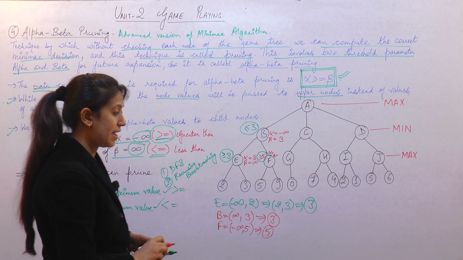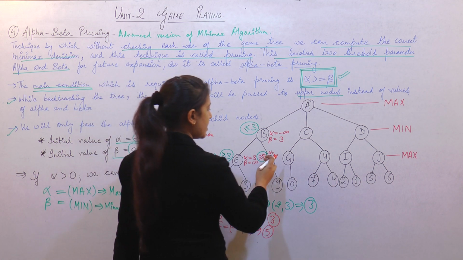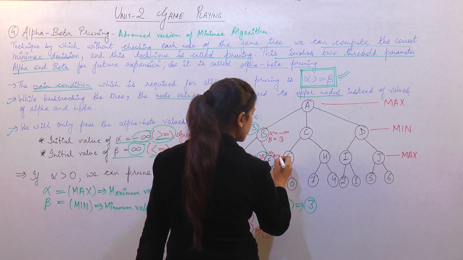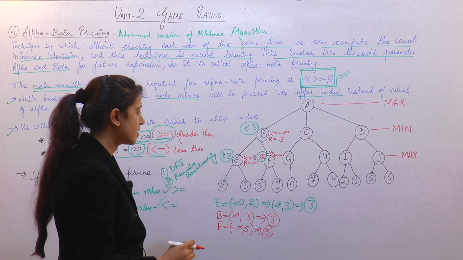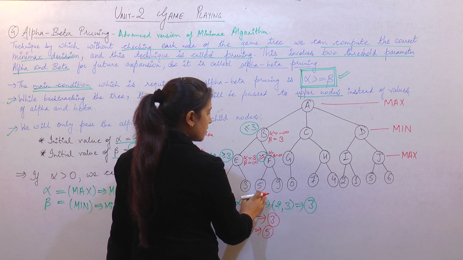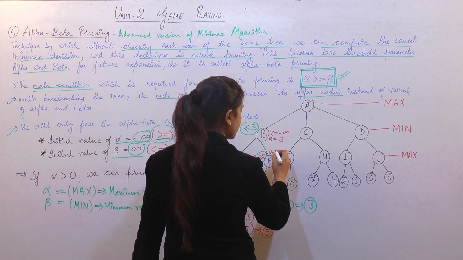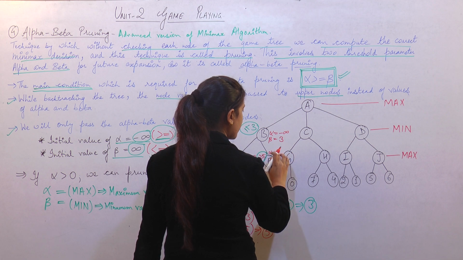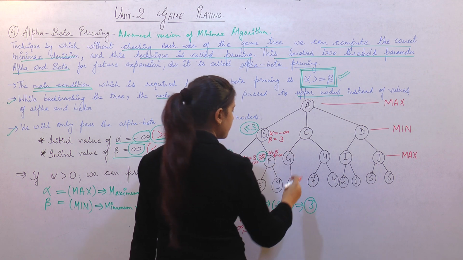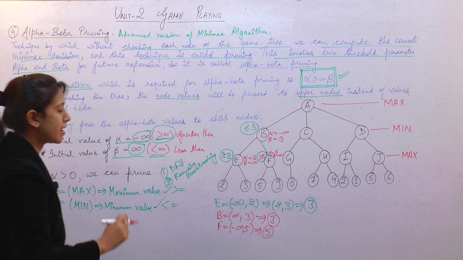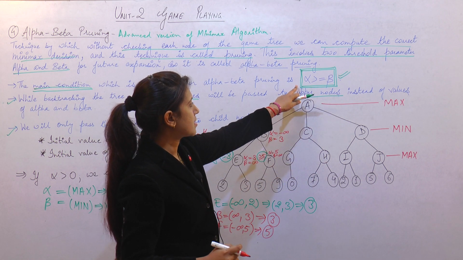Now I will tell you why we are not considering 9. Now we will calculate the value of alpha and beta. Beta value will be infinite because at this level max is playing. Alpha value will be among 5 and 9. So among 5 and 9 we will get the value of alpha as 5. So now we will implement the values of alpha and beta in this condition.